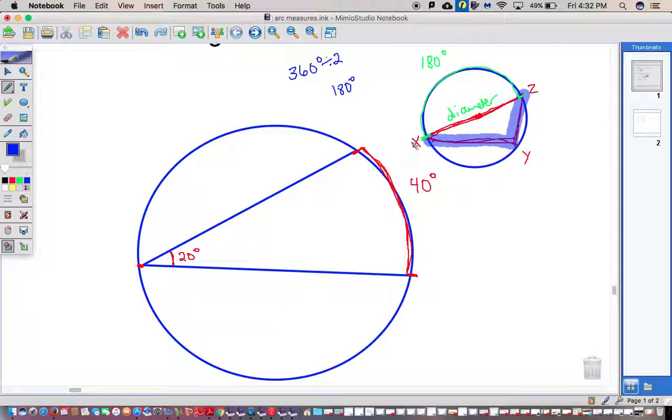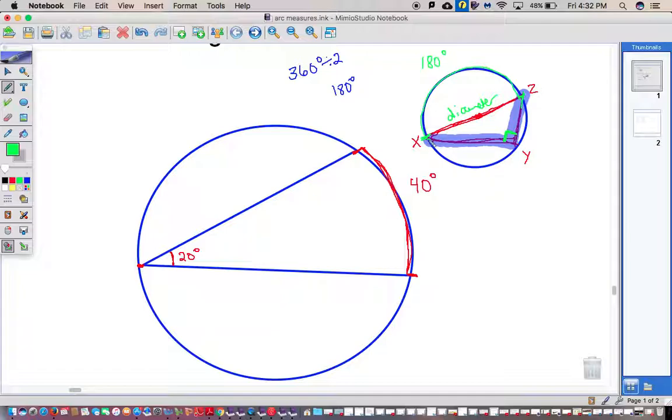So I know that this arc measures 180 degrees, and that arc corresponds to angle Y. Because of that, this angle has to be half of the arc that's formed with the interception.